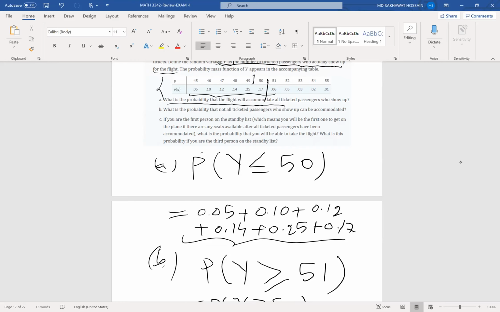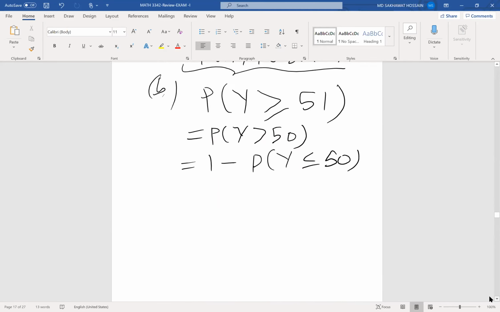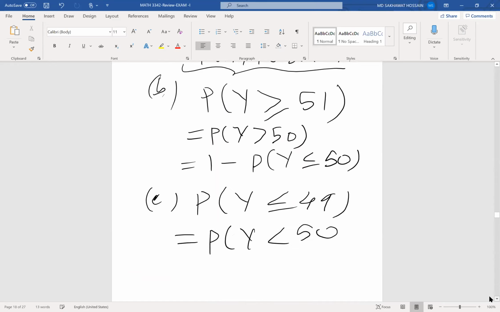But if there are 49 passengers, since you are the first one, you have a chance to get on the flight. So we are looking for the probability that y is less than or equal to 49, or y is less than 50. So you have to find this probability.